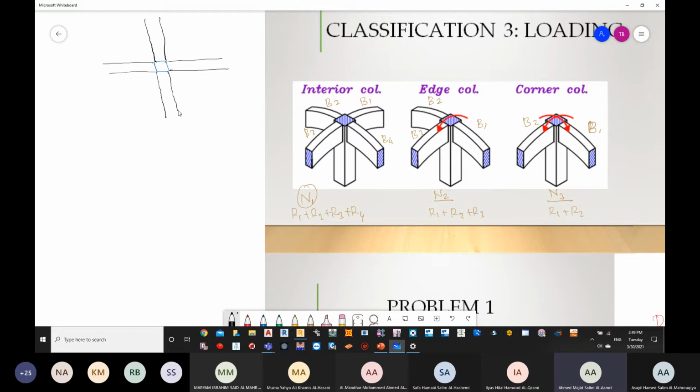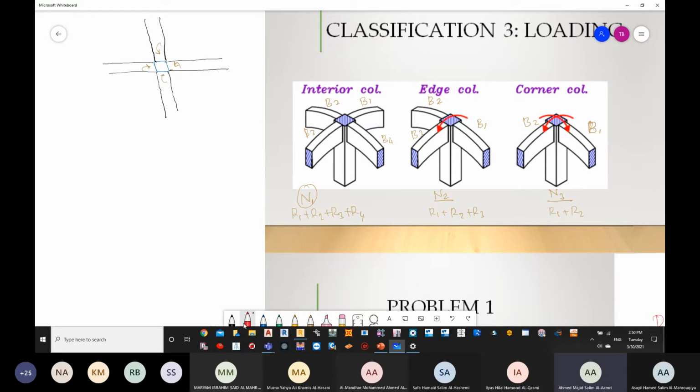If they are carrying exactly the same loading and they have the same length, you will see that we are going to have one moment here, one moment on the other side, one moment from here, and then another moment from here.